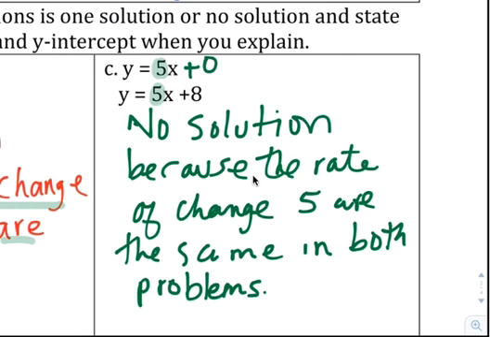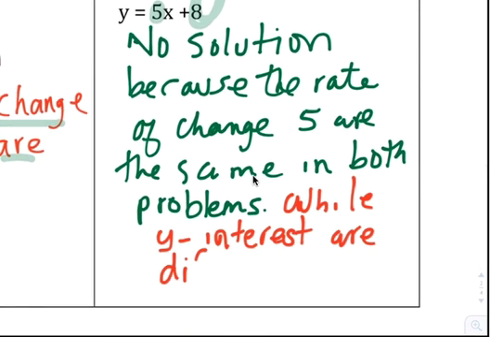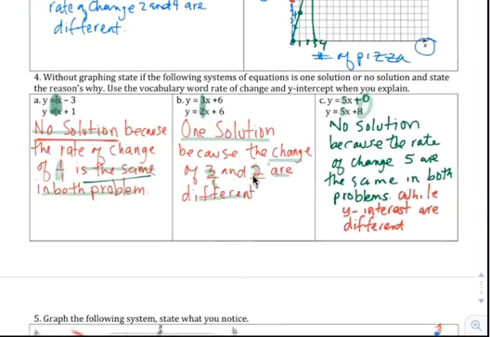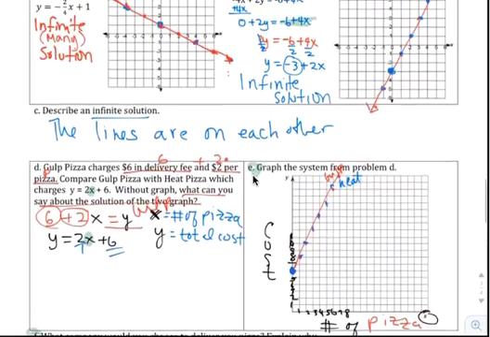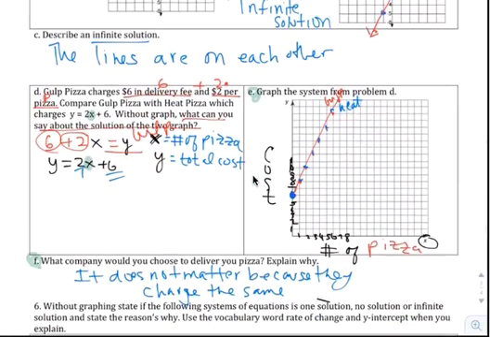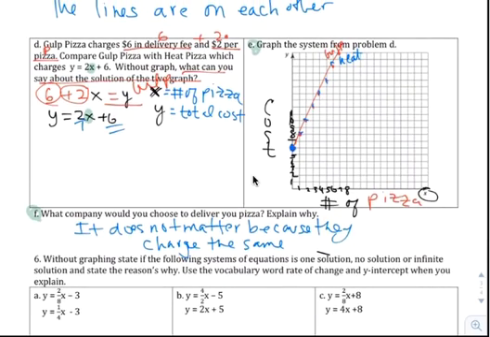And the y-intercept are different. Most of you, we did this and we did that, or you should know how to do it. Make sure you label the graph.